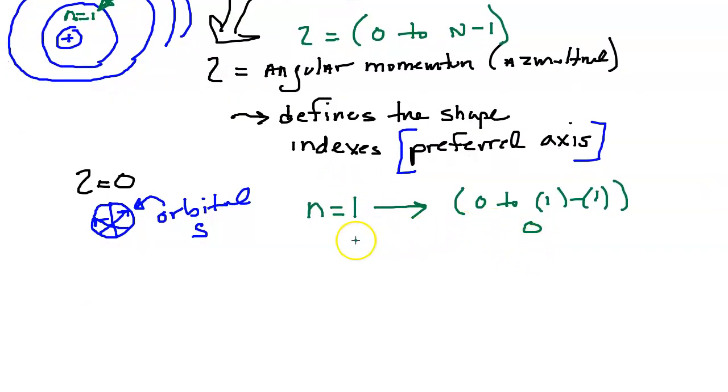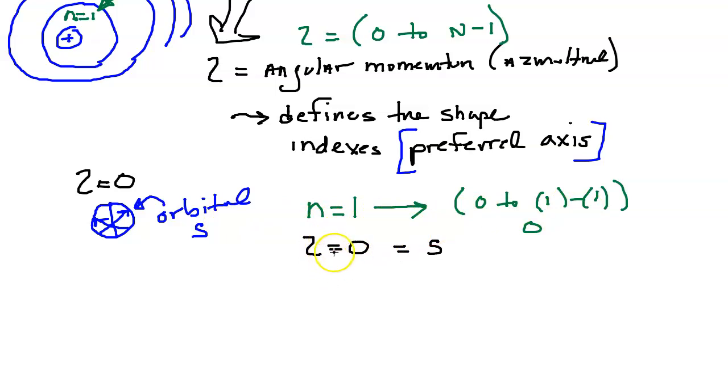Well, we got a 0. And if this quantum number L, or angular momentum, equals 0, that means we have no preferred axis, and that equals an s orbital, which is a spherical orbital. So if you notice, when n equals 1, there's only one type of orbital. That's important.